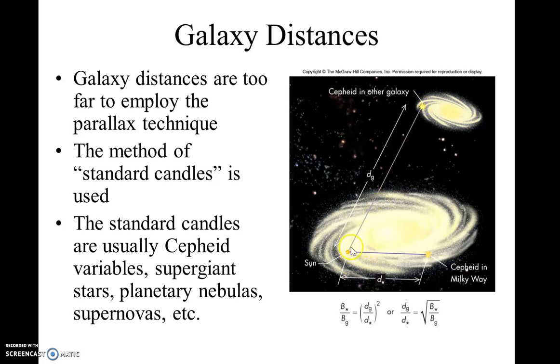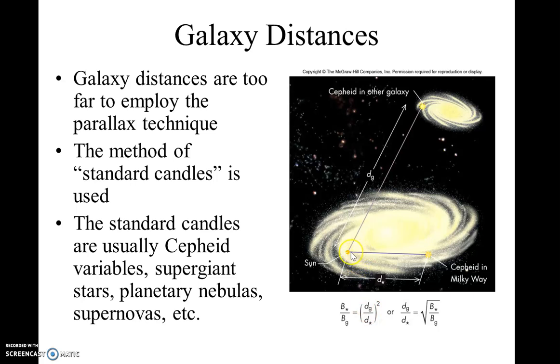So the only reason that the Cepheid in the distant galaxy looks dimmer is because of the distance, right? And so this inverse square law. If you take that into consideration and you solve for the distance to the galaxy, that's d sub g.